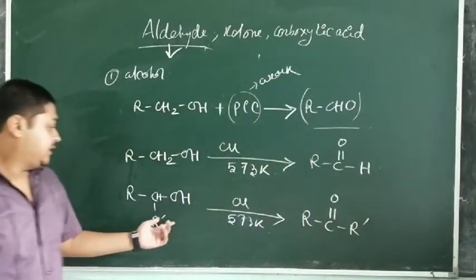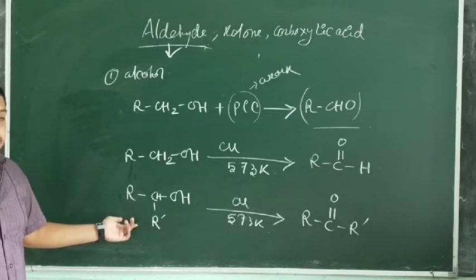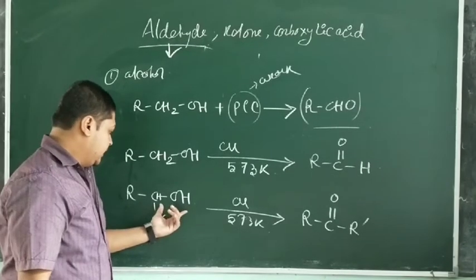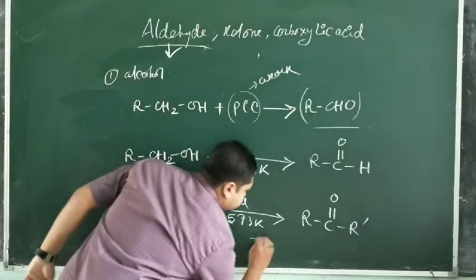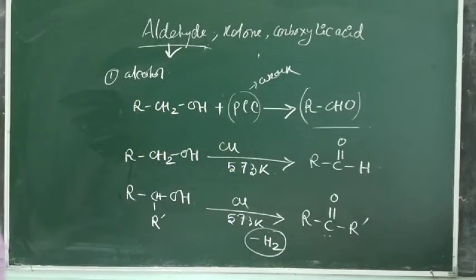Here dehydrogenation takes place, which means removing of hydrogen atoms. Two hydrogen atoms are removed, and the product is the ketone.